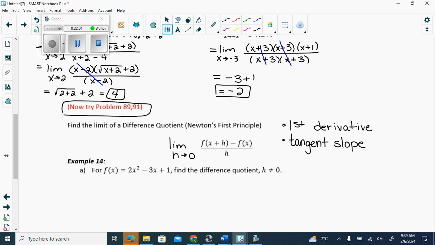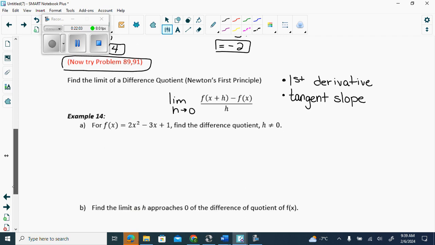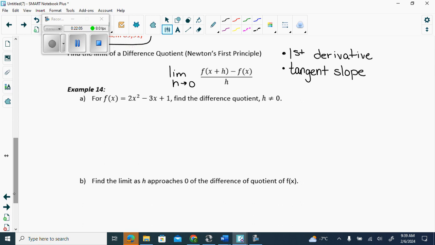Okay? So this one here, we have to use the difference quotient, and then we're supposed to let the limit as h approaches 0. I'm just going to do it all at once. So we're going to do the actual limit. We're going to do the limit as h approaches 0 of f of x plus h minus f of x all over h. And we've already done this part.